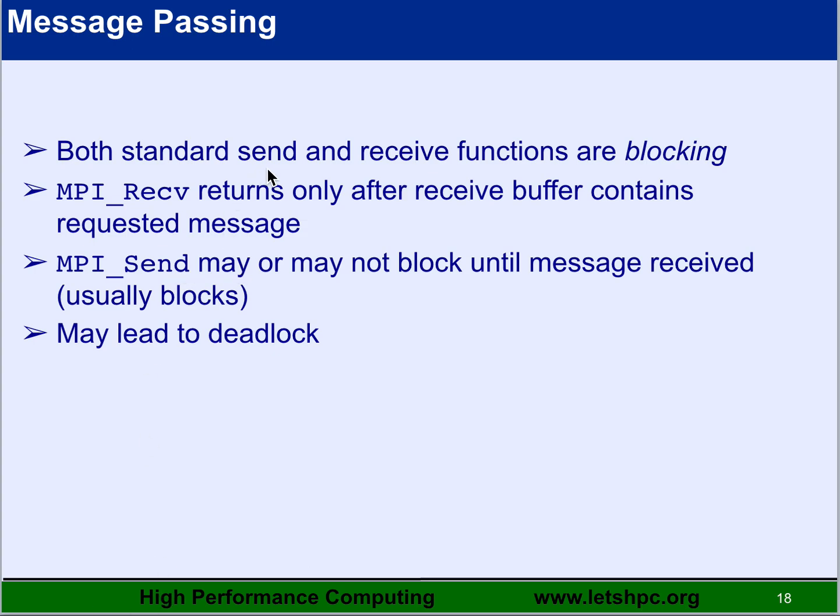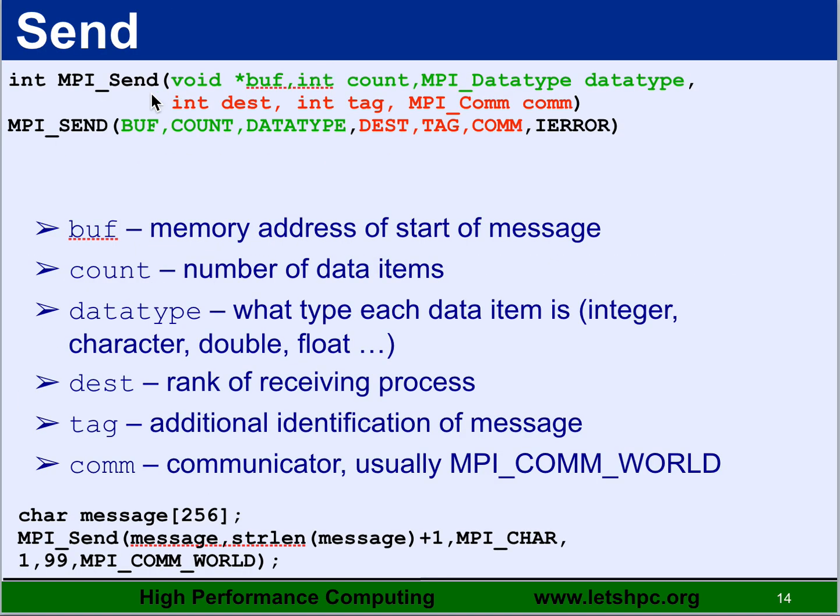Both standard send and receive functions. So by standard we mean MPI underscore send. There are other send calls which we'll discuss later, but these two are referred to as standard calls: MPI underscore send and MPI underscore receive.